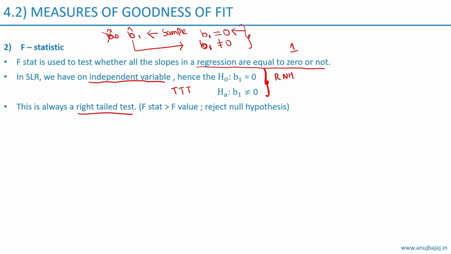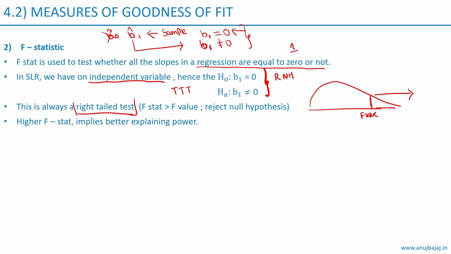Even though the hypothesis is stated in such a manner, it is always a right-tailed test. So suppose this is the distribution of the F statistic, and this is the critical value, or we call it the F value. If the F statistic is greater than the critical value, we reject the null hypothesis. And a higher F stat implies better explaining power of the independent variable.